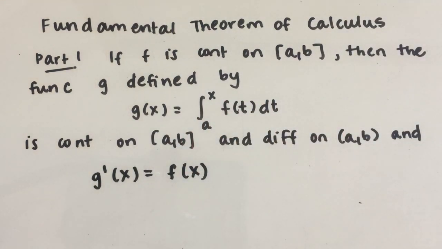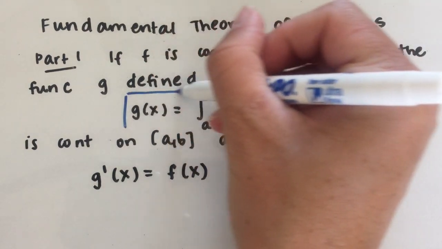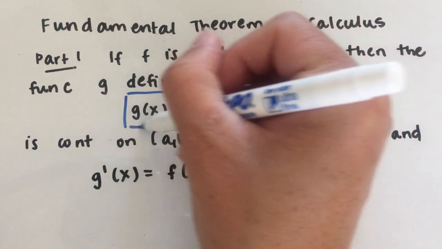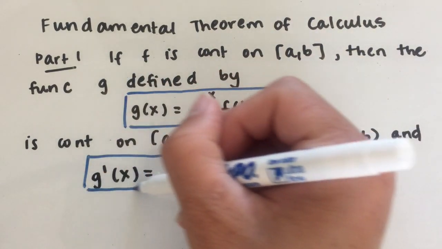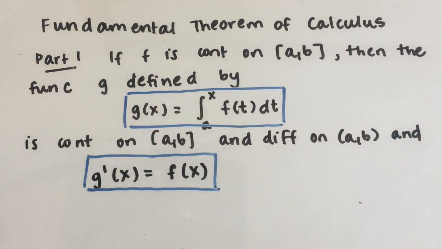So g prime of x equals f of x. So this theorem shows you how to solve for the derivative of g. And if you notice, we just plug in the x for the t, and we ignore the a.